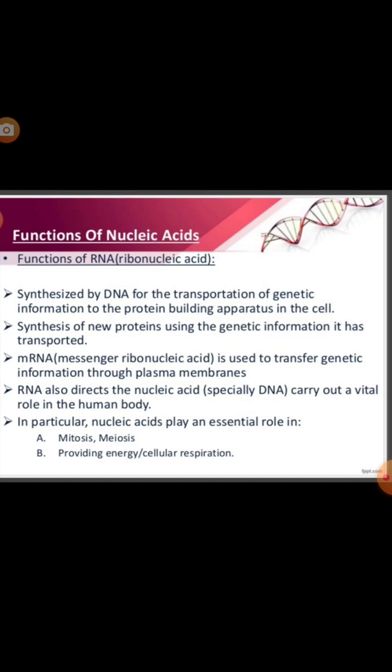mRNA, as already discussed, messenger ribonucleic acid, is used for transferring genetic information through the plasma membrane. Nucleic acids, especially DNA, carry out a vital role in the human body.